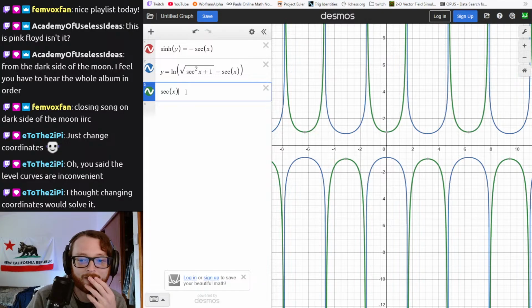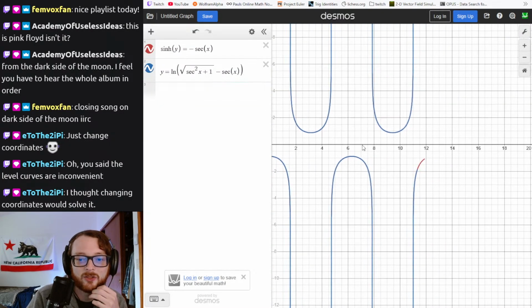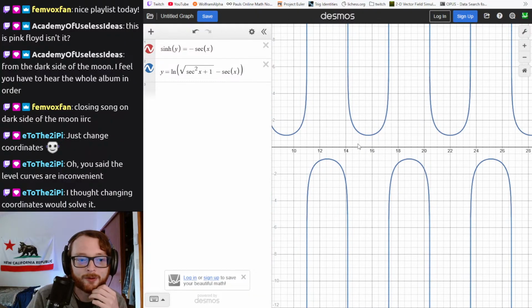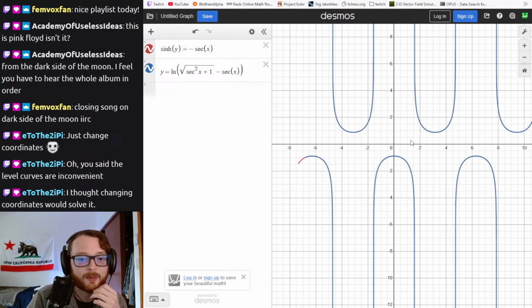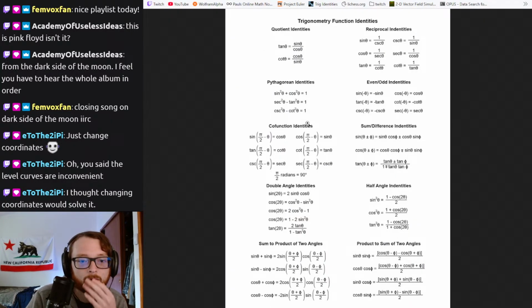Oh, well, not that. Okay. But with a shift. They should be changing as we scroll to the right, though, somehow, right? Maybe, I don't know. Secant is like tangent. Secant minus tangent.